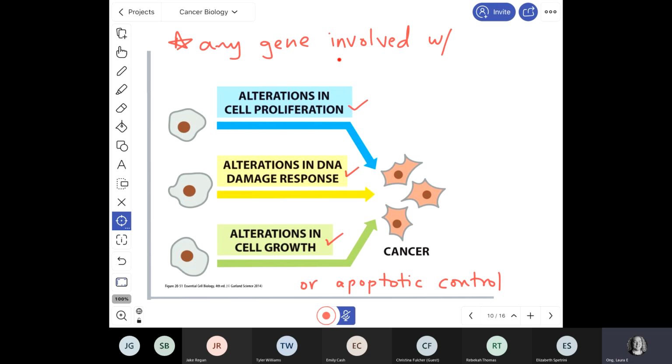And we can divide this group of genes into either they're putting on the gas for cell proliferation and survival, or they're putting on the brakes. They're either going to be proto-oncogenes or they're going to be tumor suppressor genes.